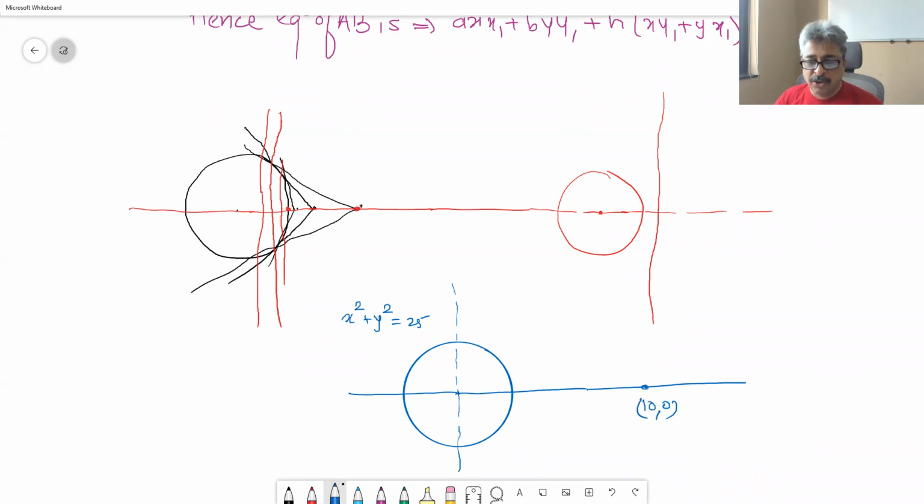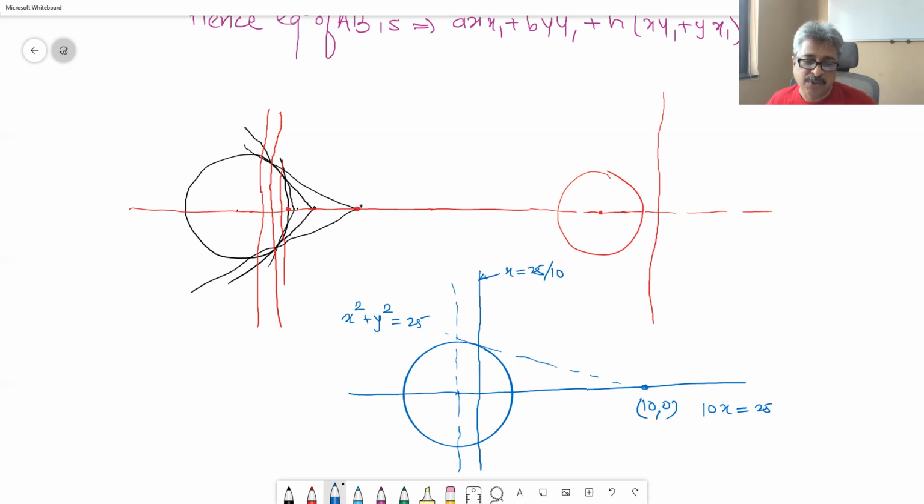So if (10, 0), then the equation of chord of contact is going to be 10x plus 0y is equal to 25. That is x is equal to 25 by 10.